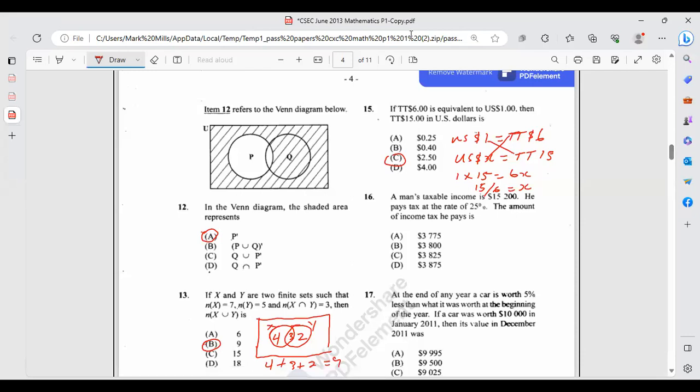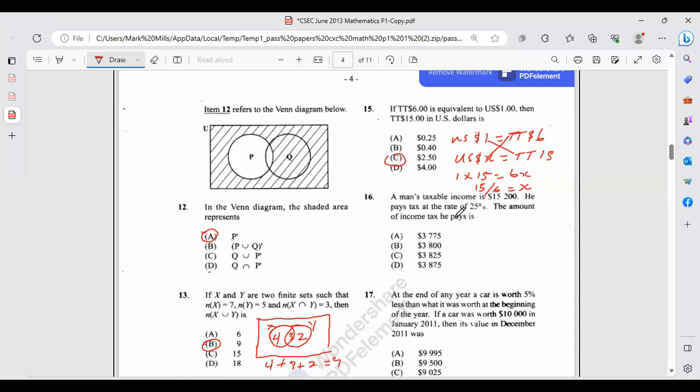Number 16. A man's taxable income is 15,200. He pays a tax at the rate of 25%. The amount of income tax he pays is, what do I do here?